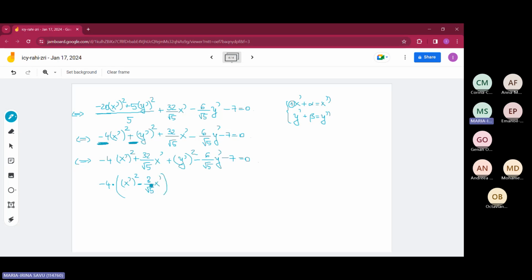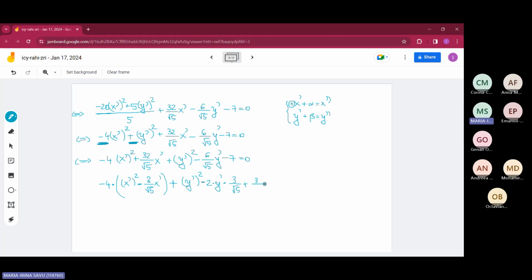Writing it this way, the coefficient 1 is perfect. So I have to complete the square. 1 squared minus, I'm writing 2 here from the formula, times x prime, times 4 over square root of 5.